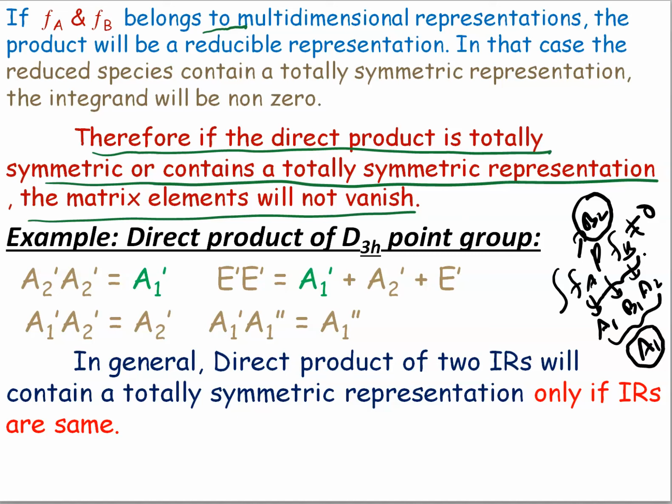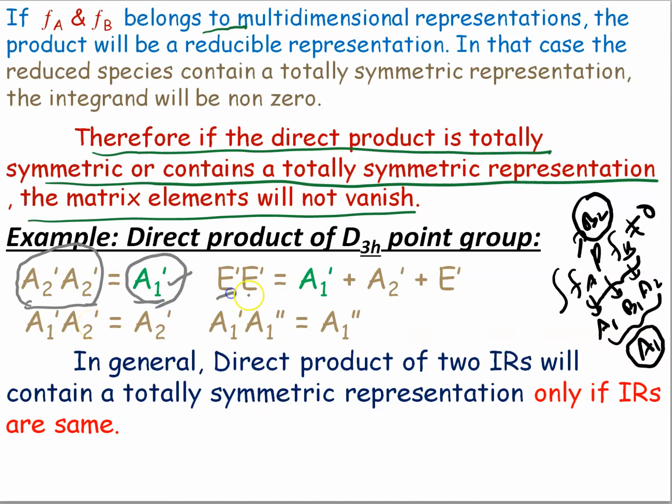That is the direct product of the functions. If totally symmetric, then the integral will not vanish, not equal to 0. If it is not totally symmetric, it will vanish. And another thing, in the example of the direct product in D3h we have already studied, A2 dash into A2 dash is equal to A1 dash. That is, multiplication of two same IRs gives A1 dash, the totally symmetric representation.